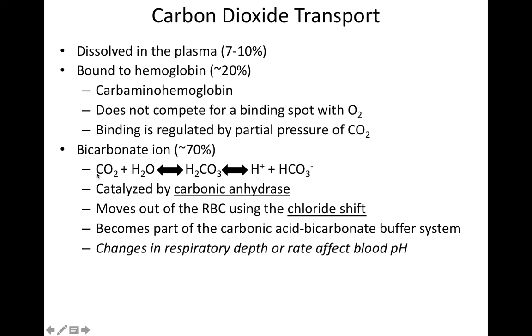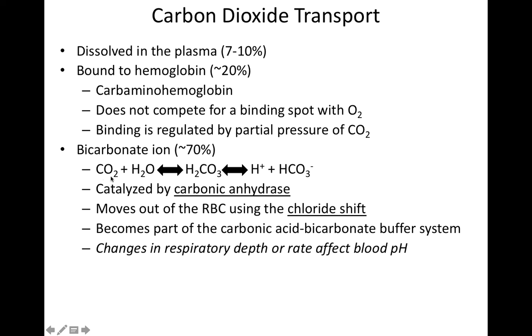So this equation right here is a very important reaction in the human body. You're going to need to understand it in the urinary system, in the homeostatic system, in the digestive system. It's just going to keep coming up over and over again because we have a lot of both reactants.